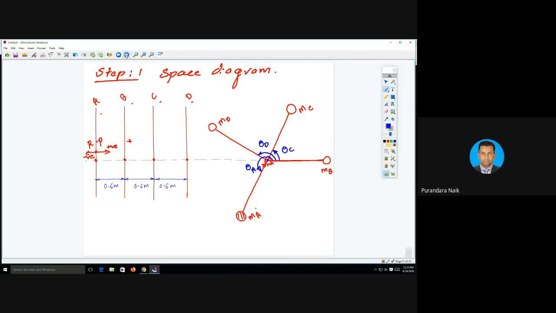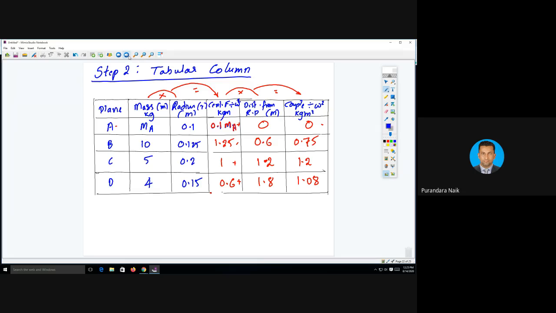Next is a table. If you find out the centrifugal force, you cannot draw the centrifugal force polygon because here all the angles are unknown and mass A is also unknown. That's why you go for the couple polygon. To find the couple, you need to select a proper reference plane.